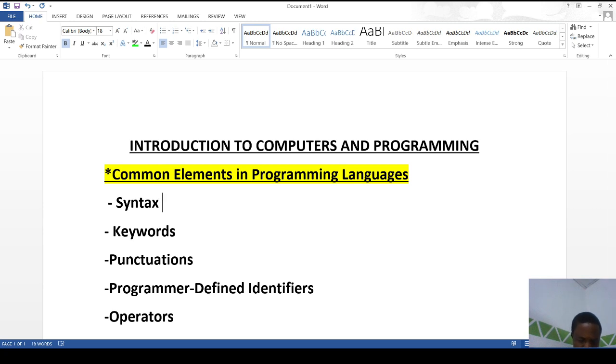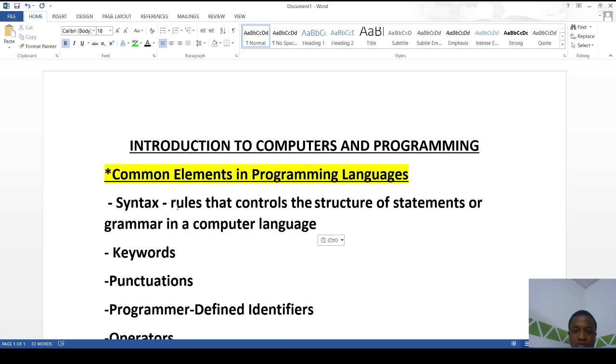Now, when we talk about syntax, what is syntax? Syntax is rules that control the structure of statements or grammar in a computer language. In the human world, what we understand as syntax means grammar. So just put it in your mind that when we say syntax, in the human world we say grammar.